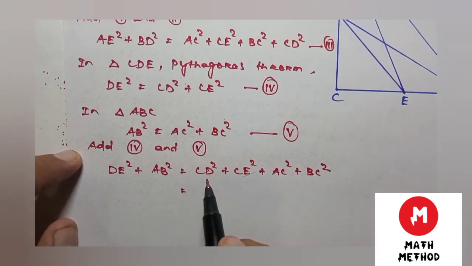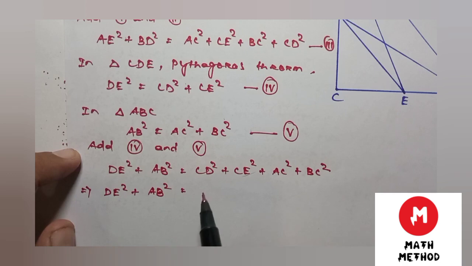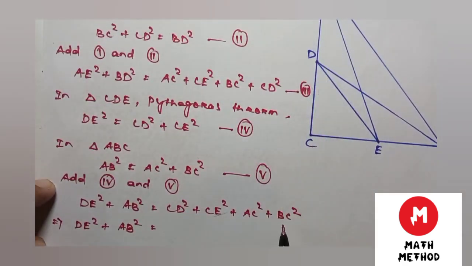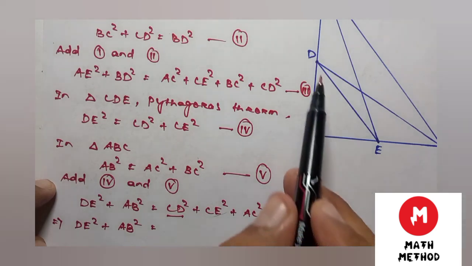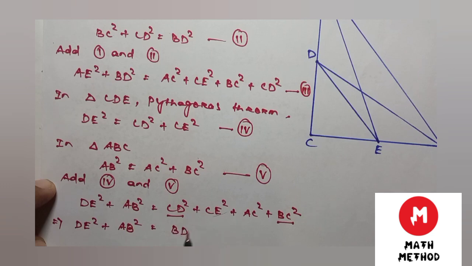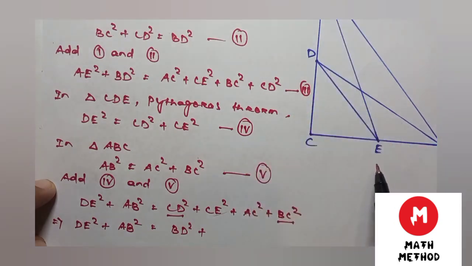Here CD square plus BC square is equal to BD square. So we will write BD square plus CE square plus AC square is equal to AE square.